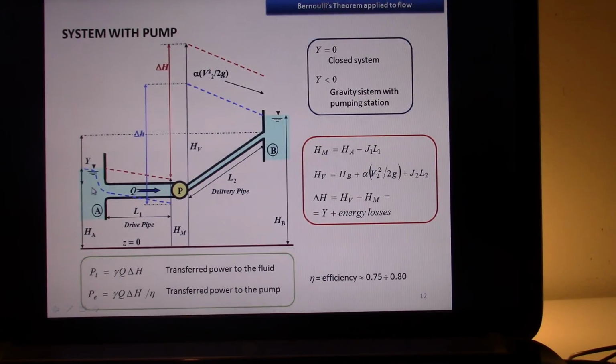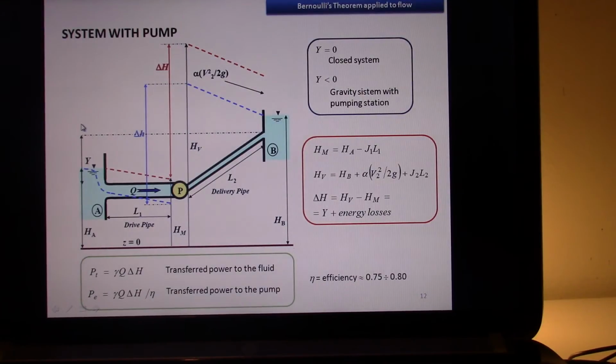The first one is when you want to move, exactly as in this case, the flow from tank A to tank B, and your flow doesn't have the necessary energy to make this movement, so you put the pump to increase the level of energy of your fluid. The second case is when, for example, your fluid in tank A is at a higher energy level than the second one.